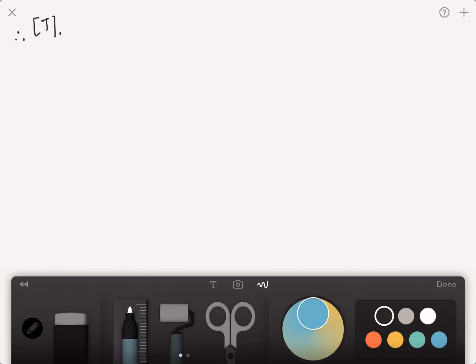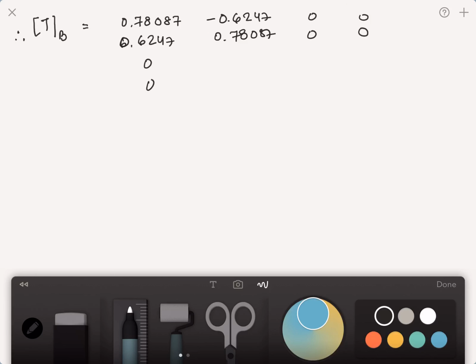So the transformation matrix for element B is given as 0.78087, minus 0.6247, 0, 0; 0.6247, 0.78087, and exactly in the same way, I'm just going to fill it up very quickly.